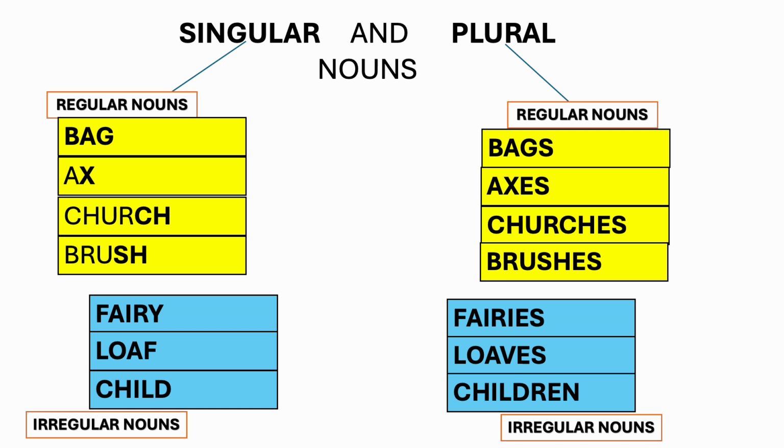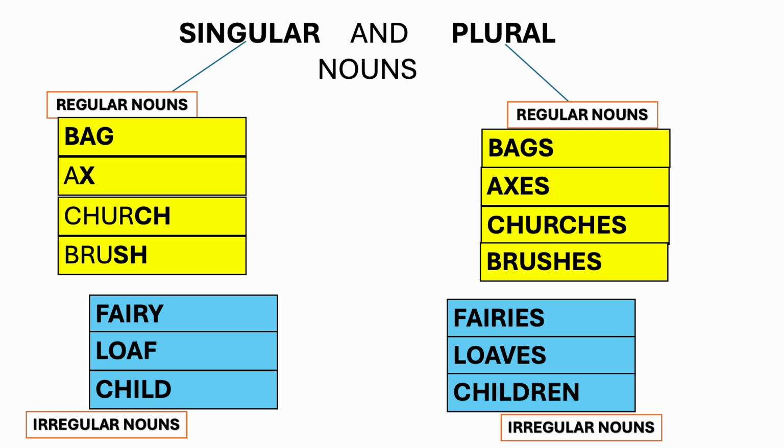But if you try to study the words, they are shaded in color yellow. Those nouns in yellow shade are what we call regular nouns. How about those nouns in blue shade? Example, fairy, fairies. Loaf, loaves.